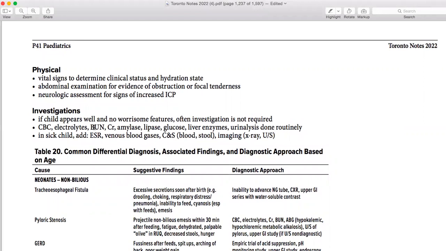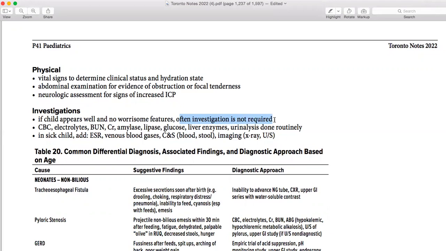Then investigation: if the child appears well with no worrisome features, you don't have to do any investigations. You just have to give the patient enough fluid and counsel them about the diet and everything. But if he is having a lot of worrisome symptoms, then you have to start with investigations.